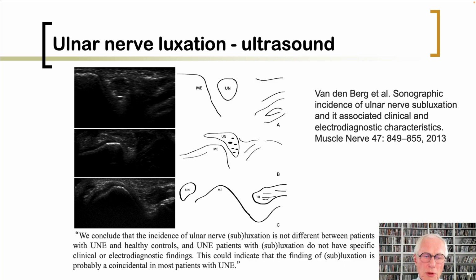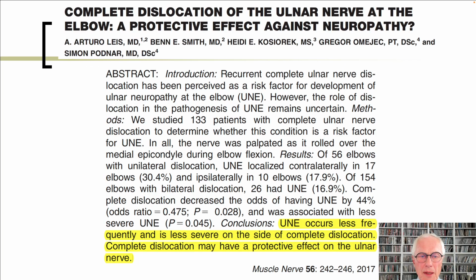You can also clinically feel the ulnar nerve come around the medial epicondyle if you palpate the ulnar groove when you flex the forearm. Actually, it's quite interesting that ulnar nerve luxation may be a protective factor against ulnar neuropathy, so it's not necessarily a negative feature.